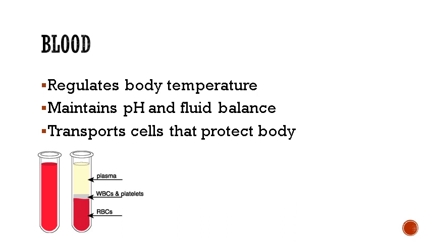Maintains pH and fluid balance, transports cells that protect the body. On the bottom there, you'll notice blood, when it's collected from our patients, it's put into a small collection cylinder device, and then when that's spun down in the lab, we can spin blood down and it'll separate, you'll see on the right hand side, into red blood cells, which are on the bottom, white blood cells and platelets, which are in the middle, and plasma, which is on the top, and that has to do with the weight and specific gravity of everything when that's spun out.